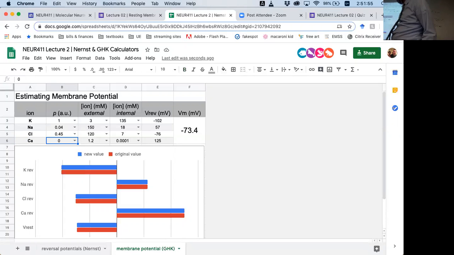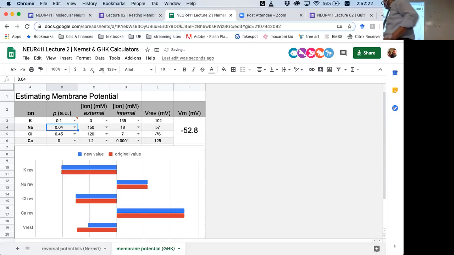So we can change permeability. And what I've done is make it so that you can press this and it'll tell you what the default value is. So what would you like to put our permeability to potassium as? 0.1. Let's take it down tenfold.